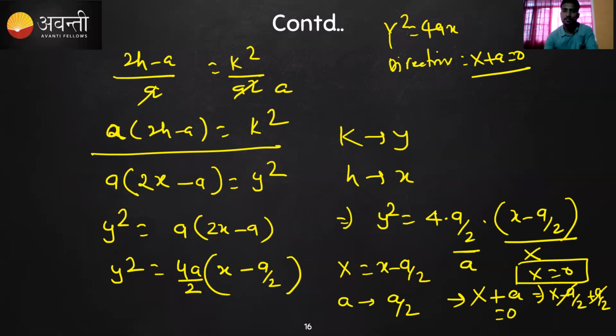Hope it is clear, because we have just simply replaced this A by 2 with this capital A. You can also write capital A because you can get confused sometimes.